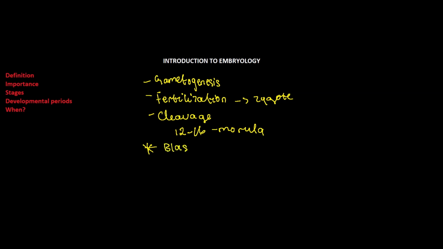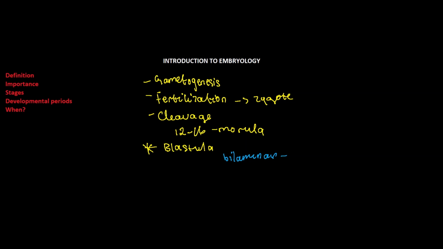Now, the next stage of embryology is the blastula stage. In the blastula stage, the morula is filled with fluid, and this fluid comes together to form a mass that forms the blastocyst cavity. In this stage, we also have the formation of the bilaminar embryo.